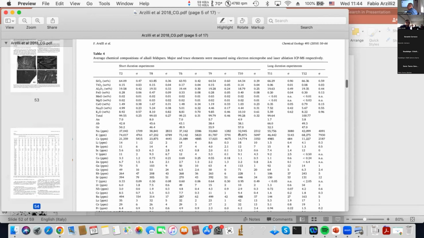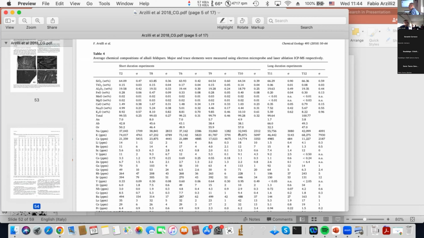There is a high accumulation of incompatible elements at short duration, because of what I said before: if you remember the boundary layers, when you have the selection of compatible and incompatible elements, the incompatible elements are enriched in the boundary layers.